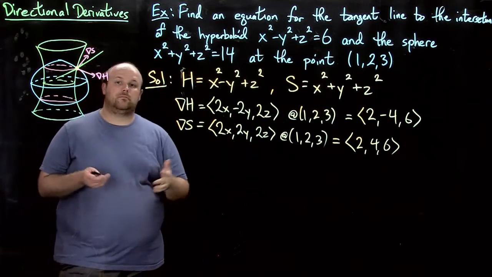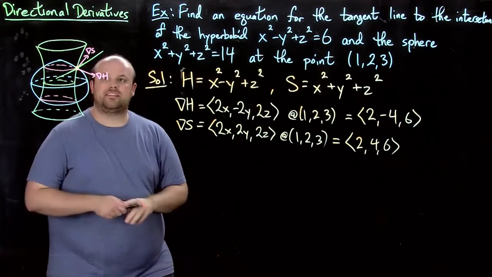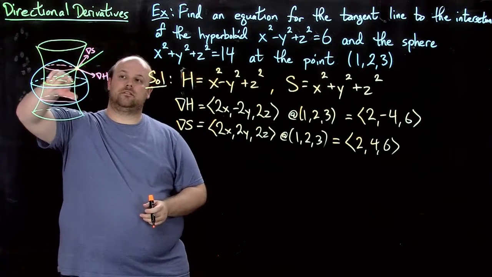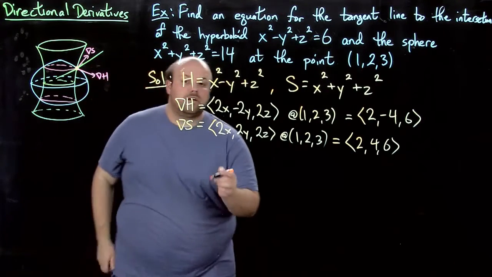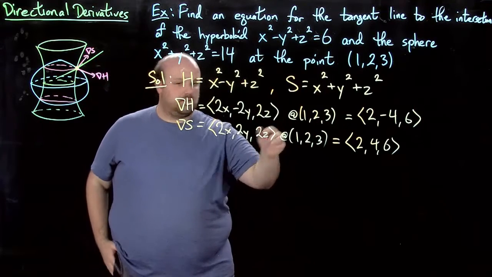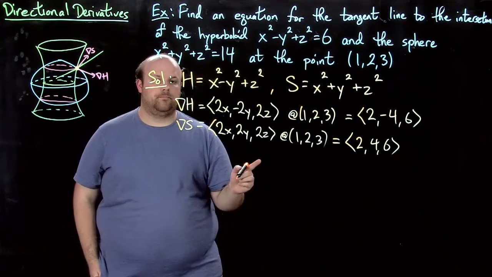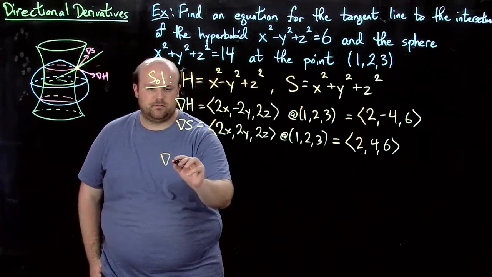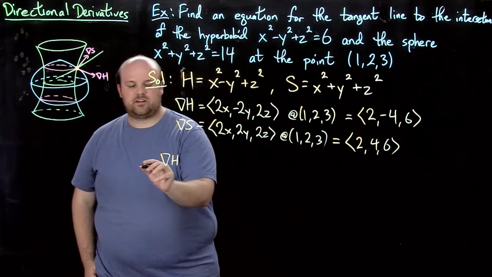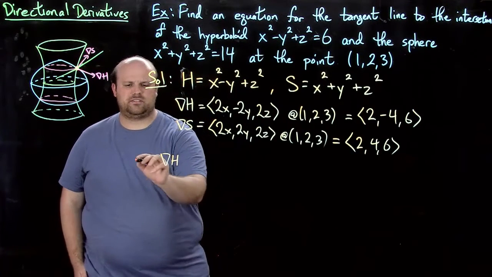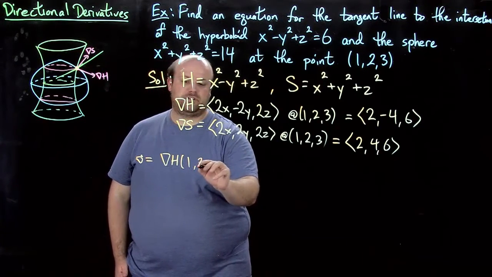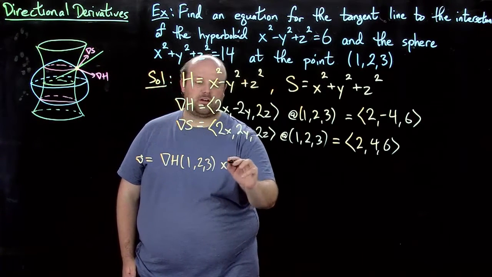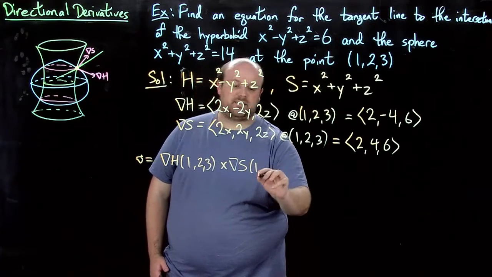So now we need to take the cross product of that, because that's going to be the tangent vector to the curve of intersection. All right. So let's call the tangent vector, let's just call it v to keep things simple. So you want the gradient of h at 1, 2, 3, cross product with the gradient of s at 1, 2, 3.